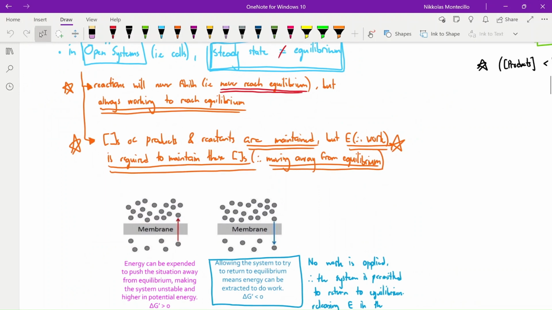No work is applied, and therefore the system is permitted to return to equilibrium, releasing energy in the process, as shown here. Work is expended in this reaction here. Work here isn't applied, and since the system is allowed to return to equilibrium, potential energy is released in the process because the system becomes increasingly stable, right?